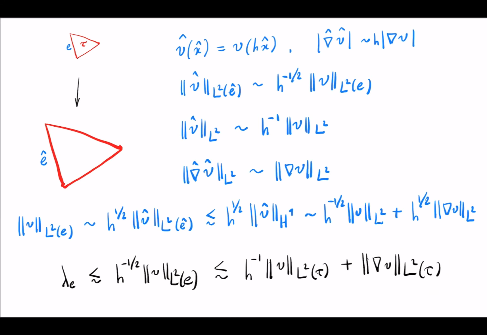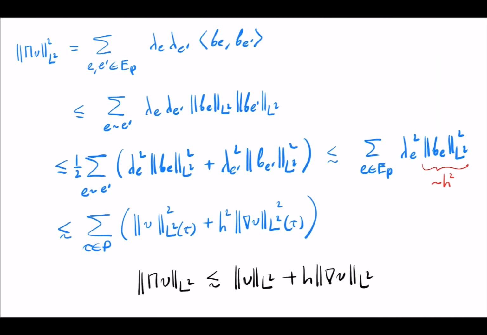Now here we only used simple scaling by h, but we know that this argument will actually work when we have a general invertible affine transformation, as long as the shape regularity constant is bounded uniformly.